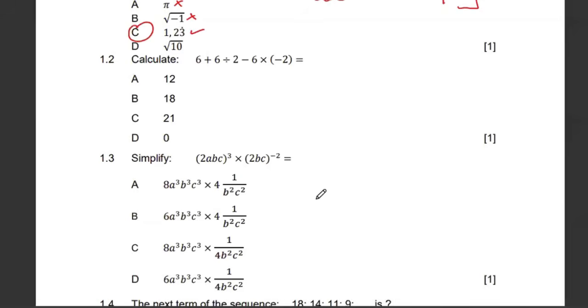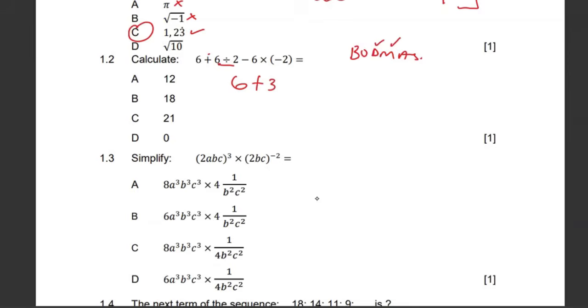1.2, calculate 6 plus 6 divided by 2 minus 6 times -2. We use BODMAS since we have more than one sign. With BODMAS, we start with division because we don't have any brackets as such. So division is going to come first, meaning 6 divided by 2 is 3.